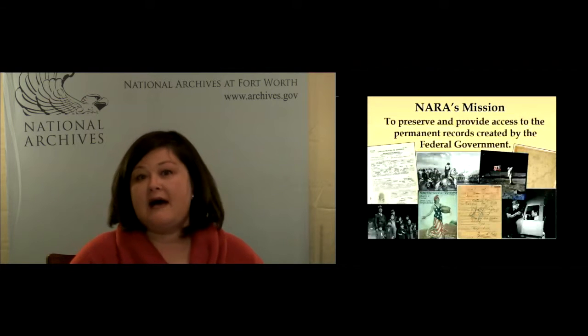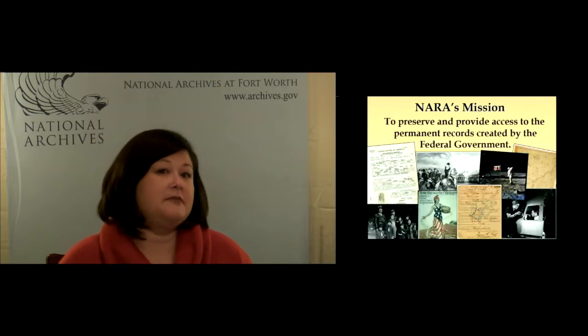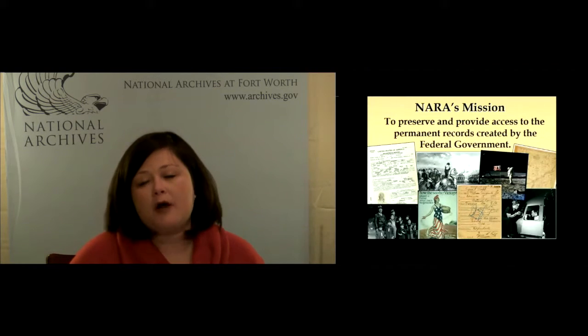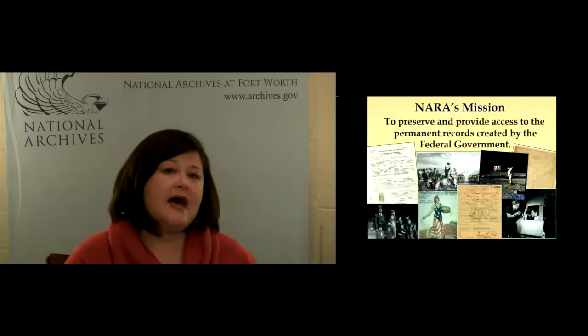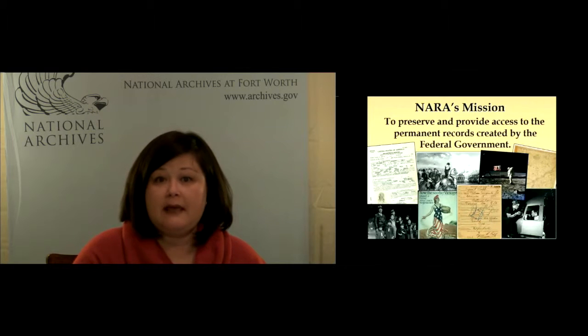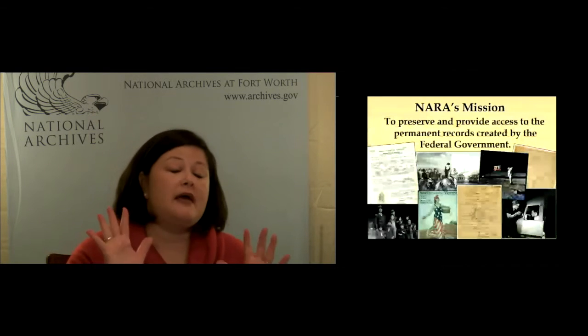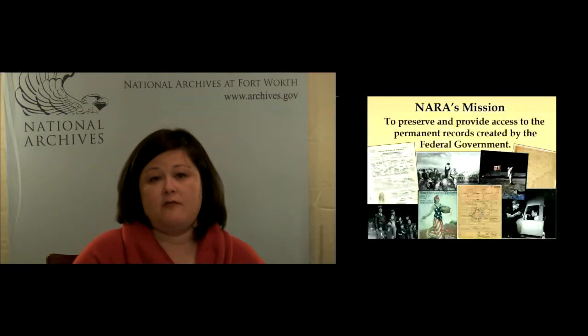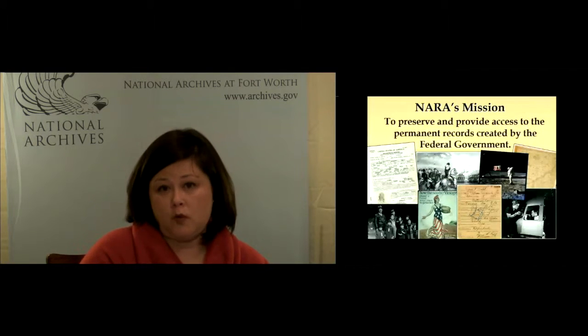So again, we have at the National Archives our mission to preserve and provide access to the permanent records of the federal government. So on the bottom there, we have a photograph of a Japanese family before they went to an internment camp during World War II. We have the wonderful propaganda art that was created by our government during both world wars.